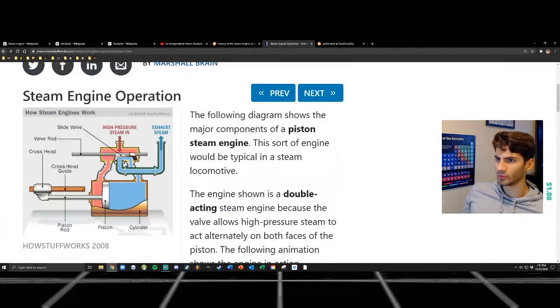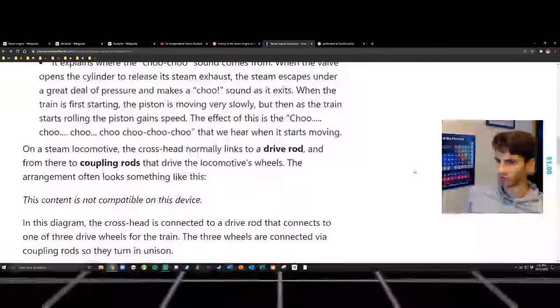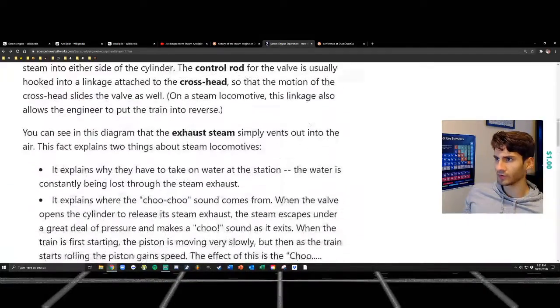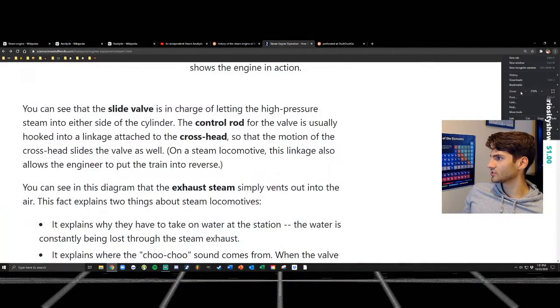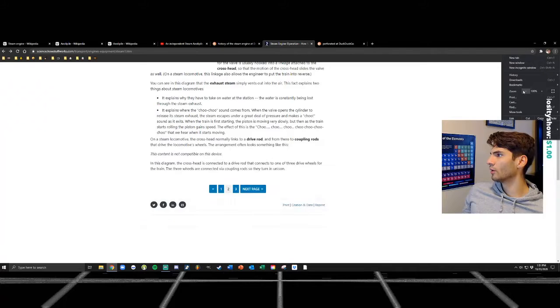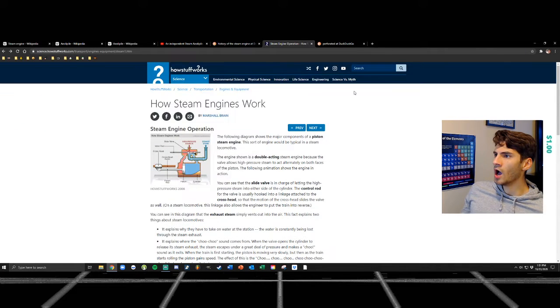Now I want to know how a steam engine works. Trying to find that video. How does a steam engine work? Is it too much to ask? I want to know how a steam engine works. What do you mean the following animation shows how the action works?